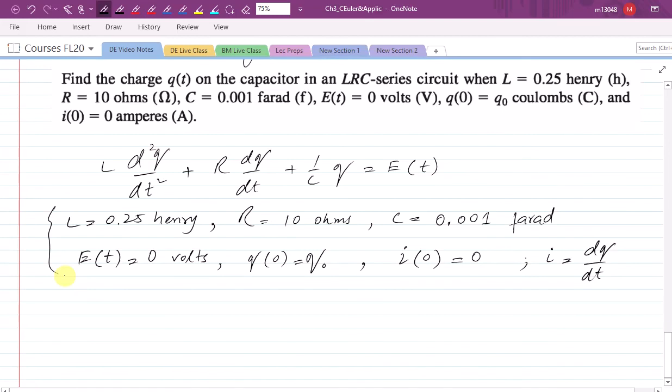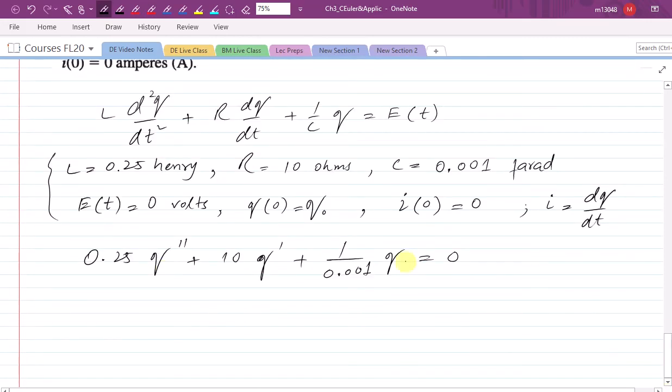We just put the values into the equation and it becomes 0.25 q double prime plus 10 q prime plus 1 over 0.001 q equals 0. Note that it's a constant coefficient equation and homogeneous.